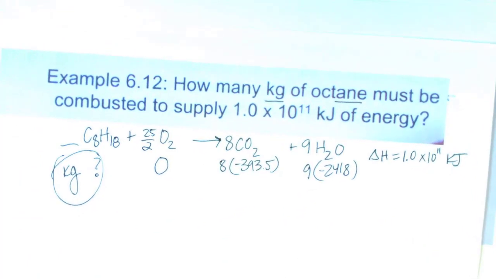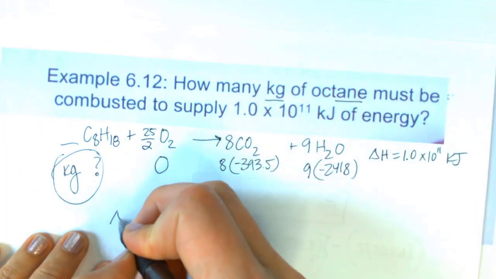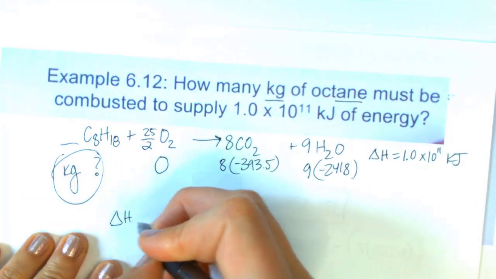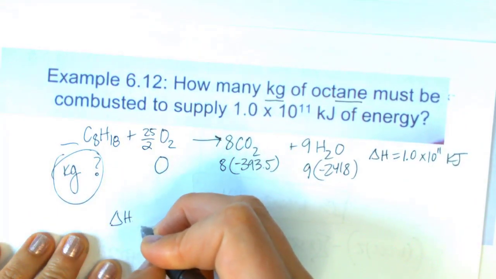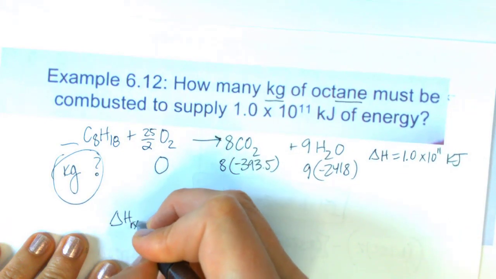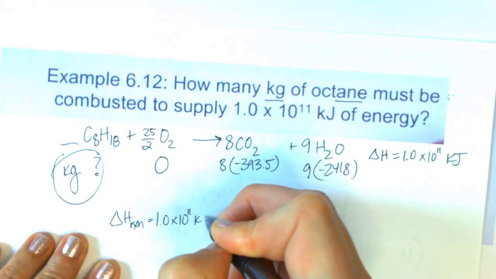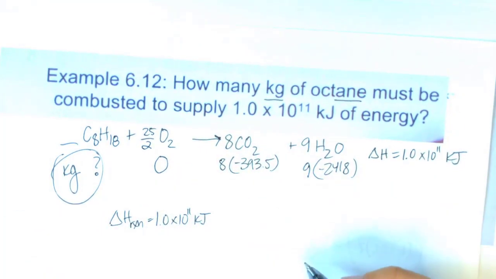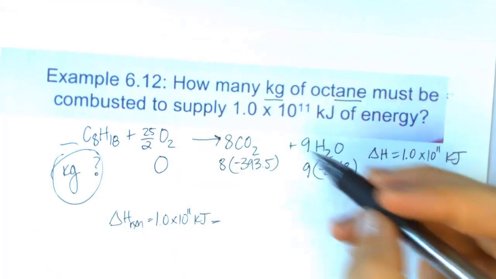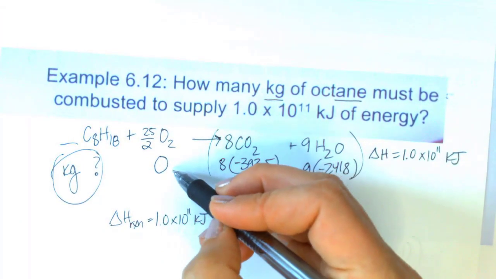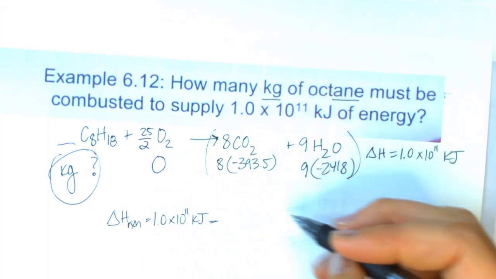So let's write this out. Before, in the last couple of examples, we tried to find my delta H. Now I know my delta H for the reaction is 1.0 times 10 to the 11th kilojoules. I also know my products, and I can subtract my reactants. So let's start writing this.